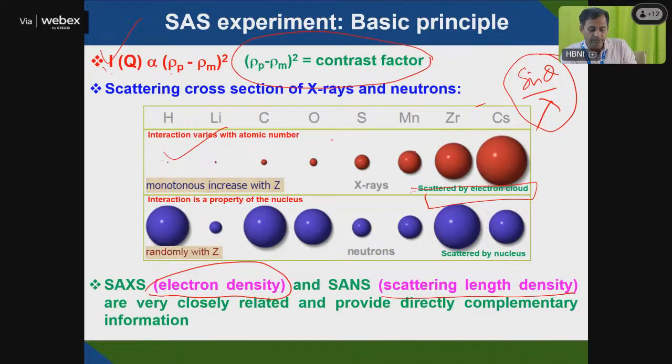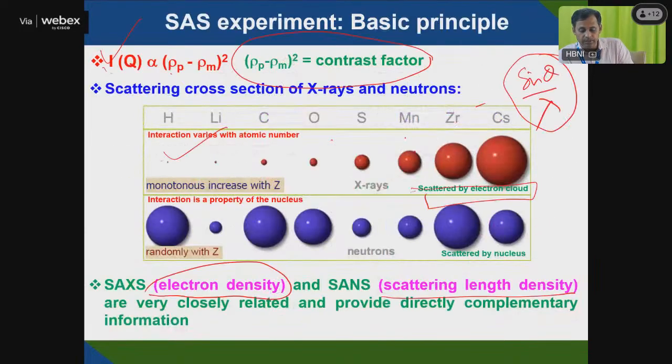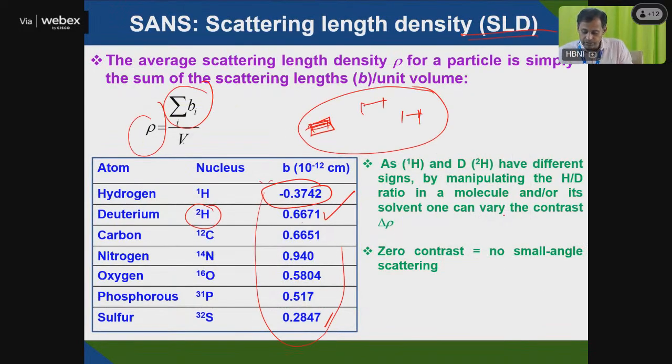Rho P is the scattering length density of the particle, and rho M is the scattering length density of the solvent, the matrix. So rho P minus rho M, the whole squared, is the contrast factor. That contrast, delta rho, can be varied depending upon the ratio of H and D.